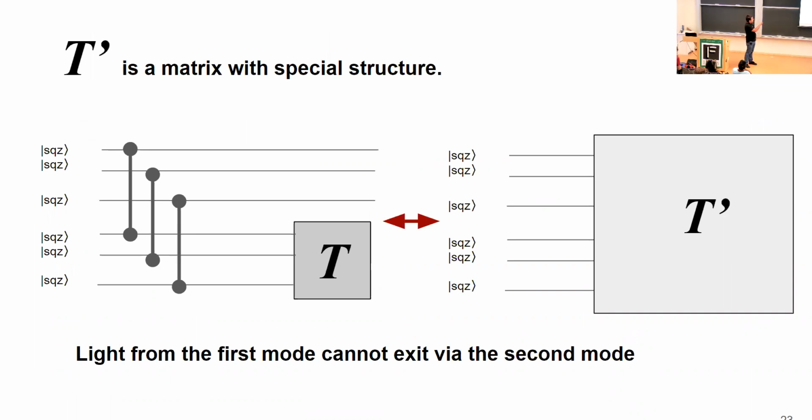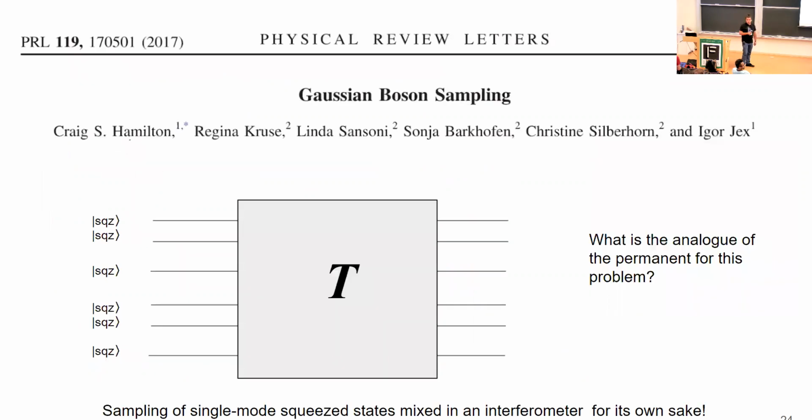Namely, that, for example, the light from the first mode has no chance of exiting in the second mode. It can only exit either in the first mode or in the second half of the modes, right? Because there is no interferometer connecting the first rail and the second rail. So they say, why don't we forget about that, and we just think about the problem of having access to single-mode squeezed states and mixing them in an interferometer that I call T prime, and that is the problem of Gaussian boson sampling.